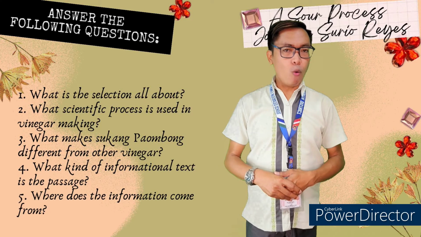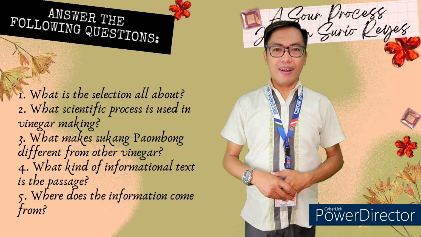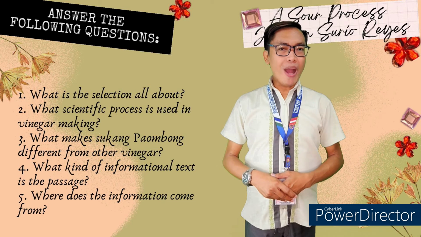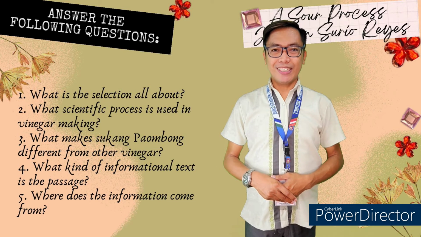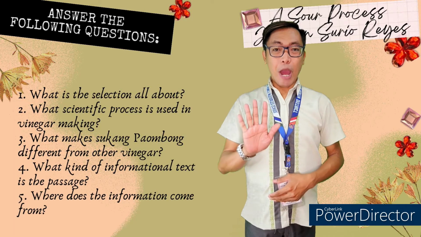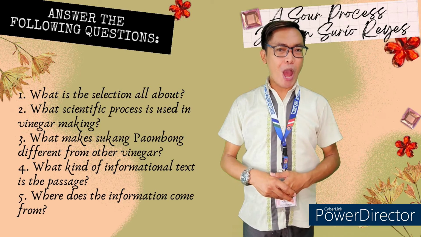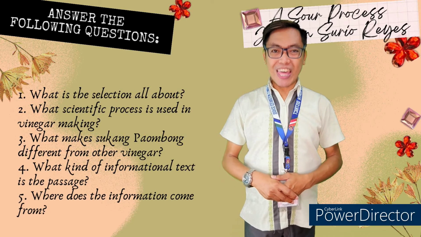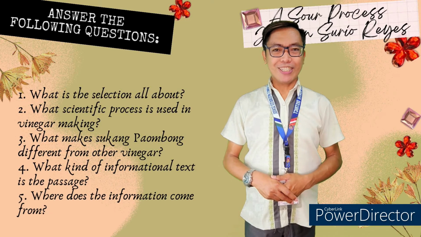What makes sukang Paombong different from other vinegar? Number 4. What kind of informational text is the passage? Number 5. Where does the information come from? Your answers to these questions are related to our lesson for today.